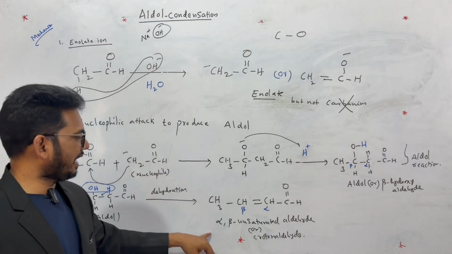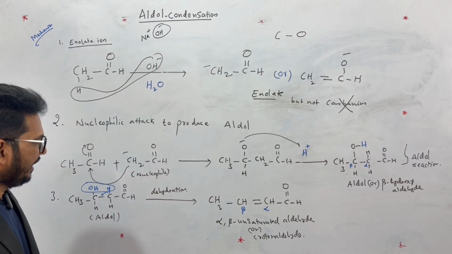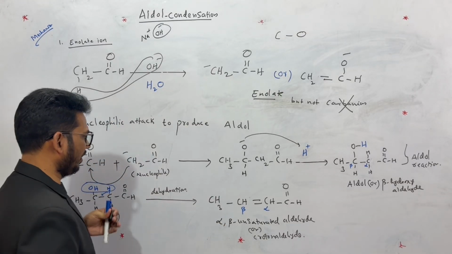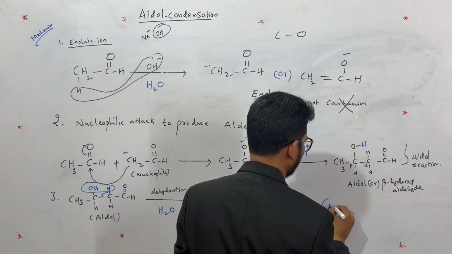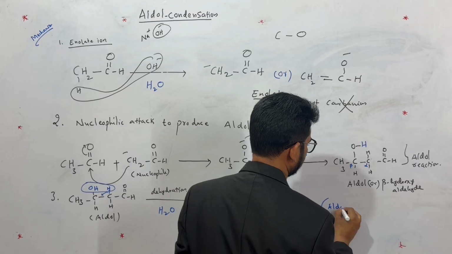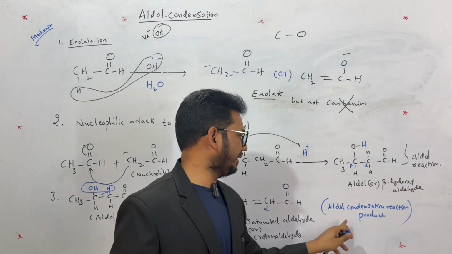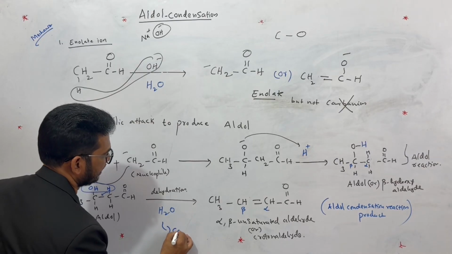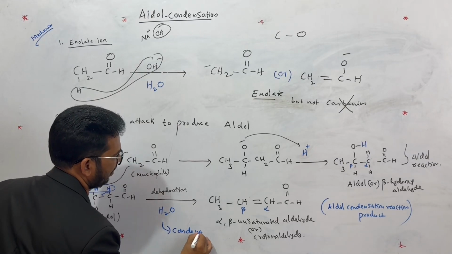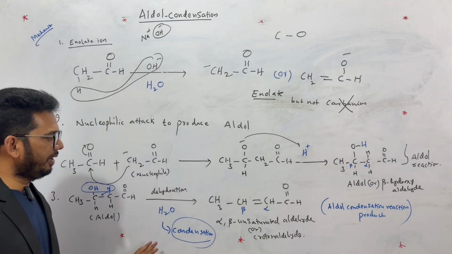Then what is produced? An alpha, beta unsaturated aldehyde after losing water. Now this is called the aldol condensation reaction product. Up to here it is the aldol reaction only. This is the aldol condensation reaction. Leaving the water is called condensation. Don't be confused here.